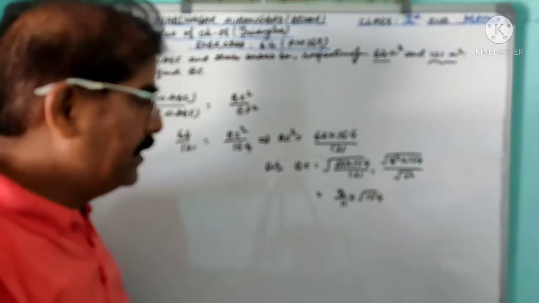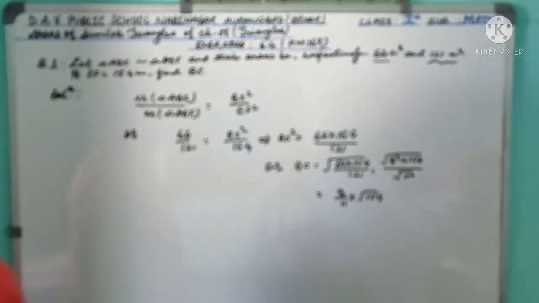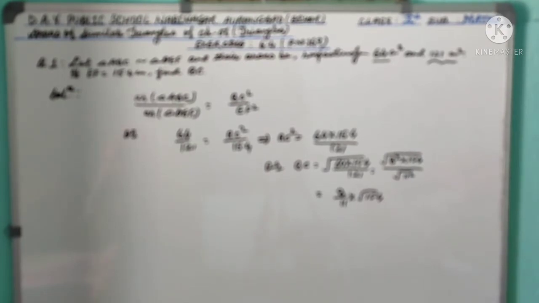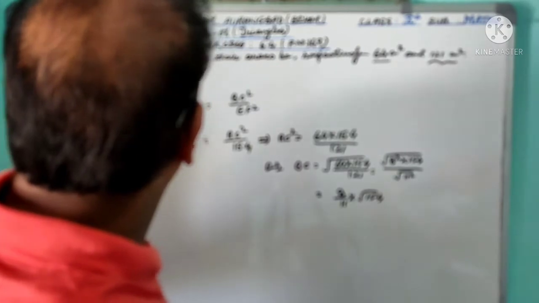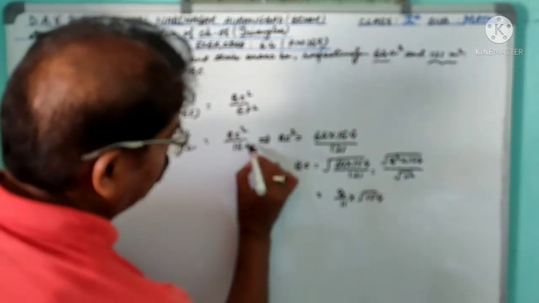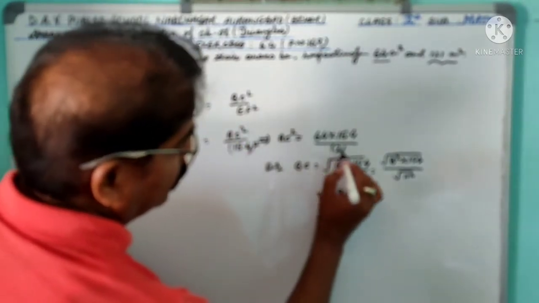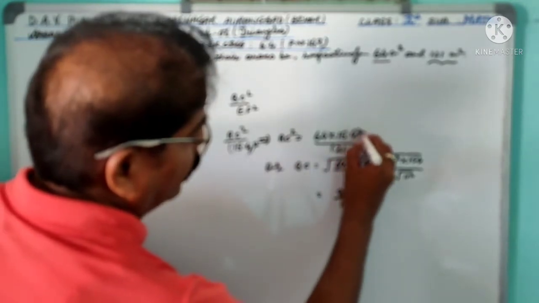After simplification, dear students, EF equals 15.4, so EF square equals 15.4 square.